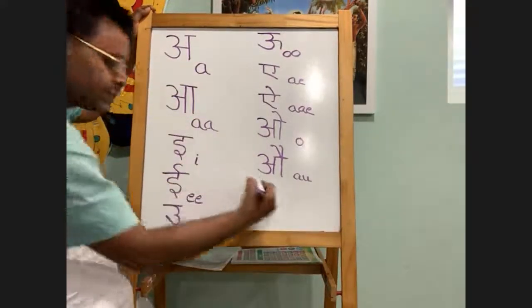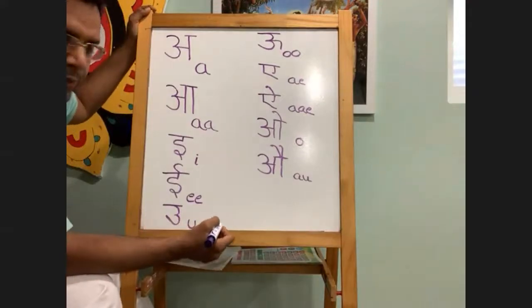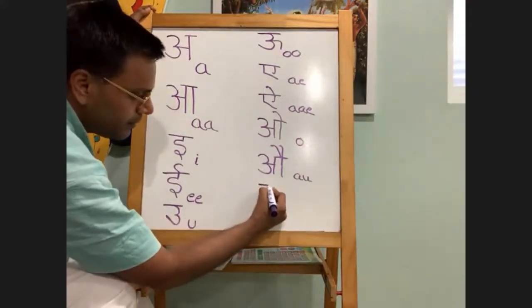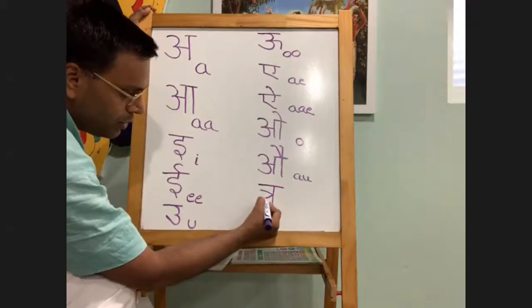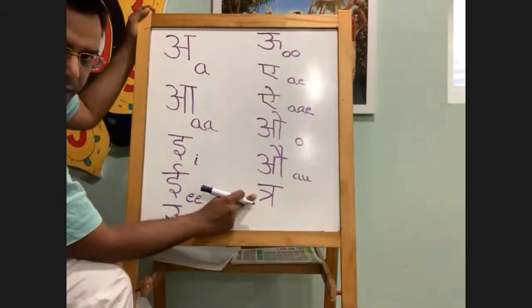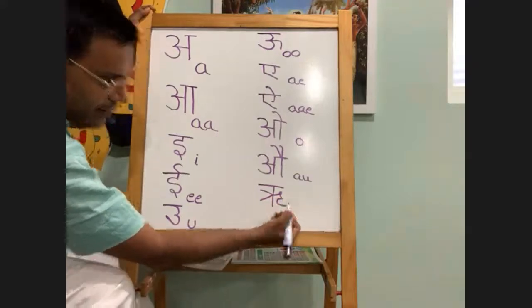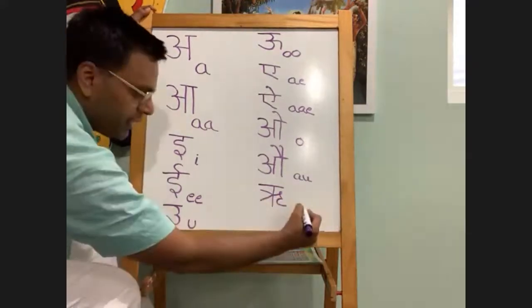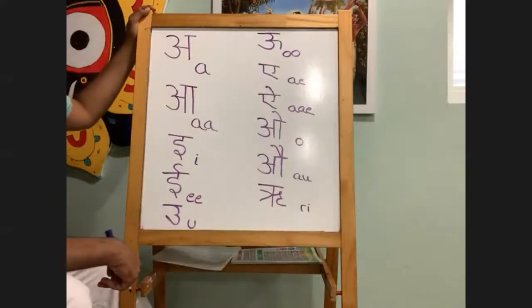And then next, ri. You wrote a 3 last time, and then on the other side, it's like ri. Prabhuji, I just joined.